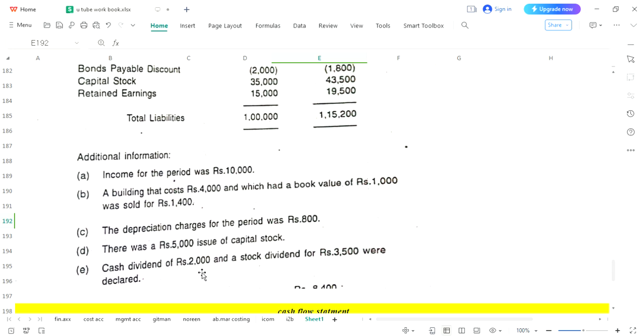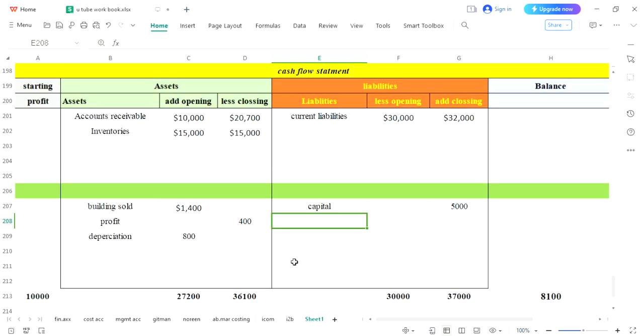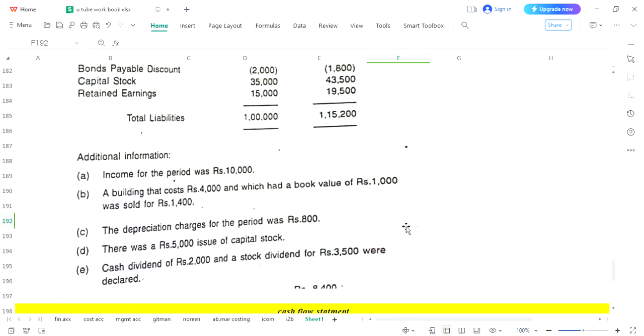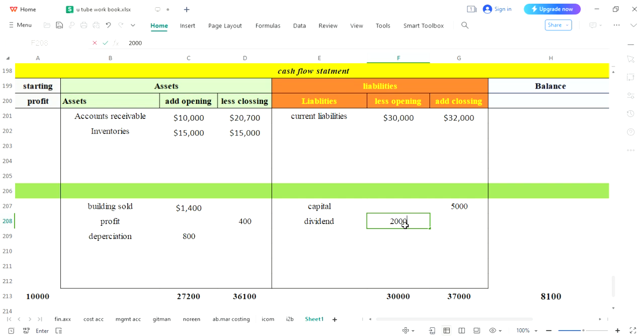Cash decrease, and dividend is associated with capital. So we will use liability side, and since dividend has been paid, it's an expense 2000. Cash has been decreased, so you will choose column with the minus sign. How much dividend? 2000. We will write over here 2000.